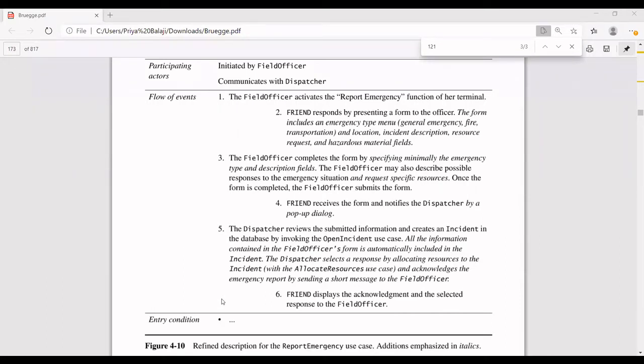Like that, you can see in the fourth step, the officer receives the form and notifies the dispatcher. How is the dispatcher notified? If I have not said how to notify the dispatcher, the person writing the code may include a dialog box, or an alarm, or a beep, or send a message. Some way he can find out.